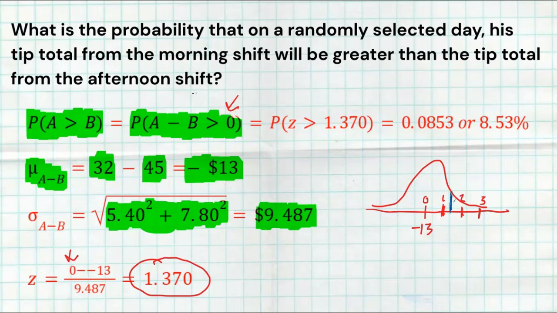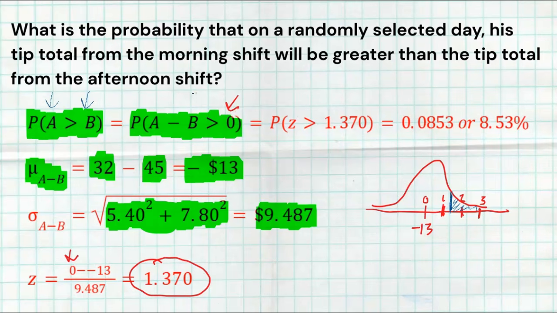So anything over here is going to be where A is greater than B. It means we're going to have a positive difference, right? Because I want A to be greater than B. And if A is greater than B, that means that when I subtract A minus B, I get a positive number greater than 0. Anything below that z-score is where the afternoon is greater.